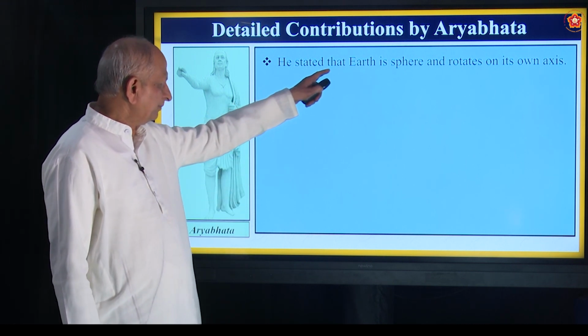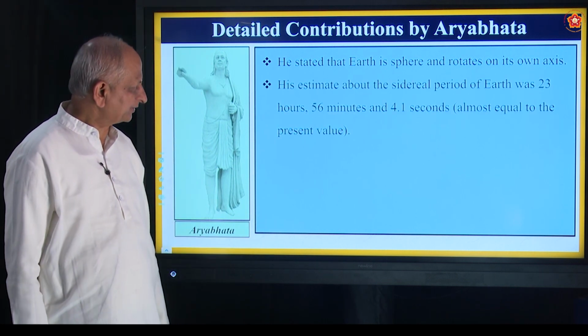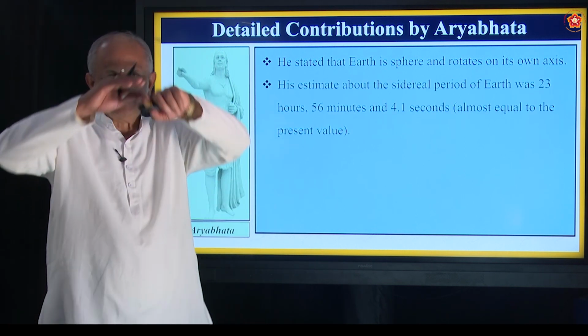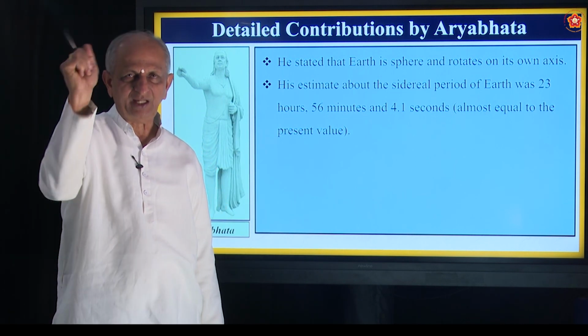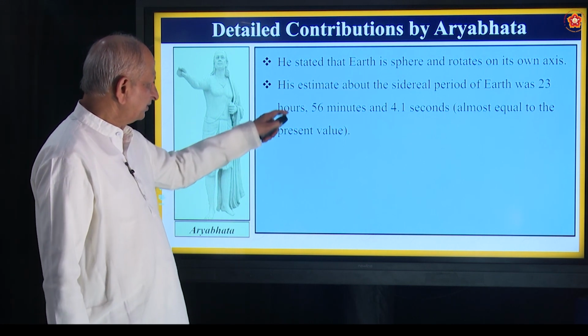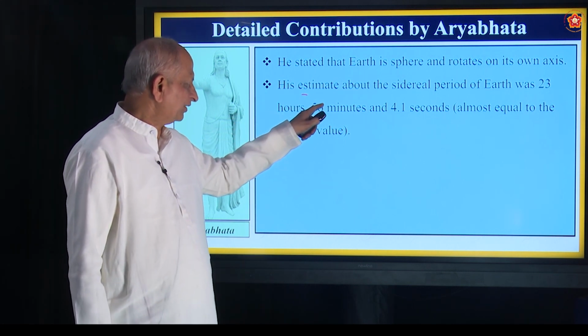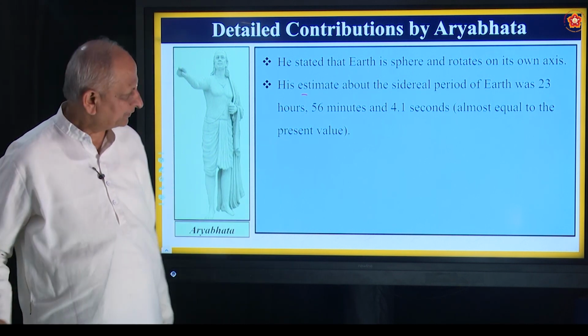He stated, most important, that Earth is a sphere and rotates on its axis. So he said that Earth is a sphere, there will be an axis and Earth will be going around along its axis. His estimate of the sidereal period of the Earth was 23 hours, 56 minutes and 4.1 seconds.